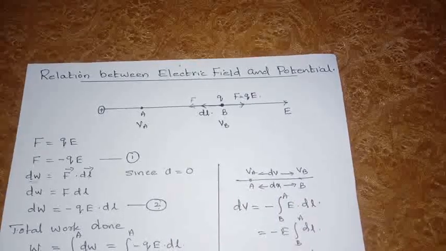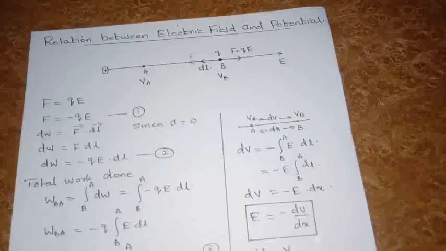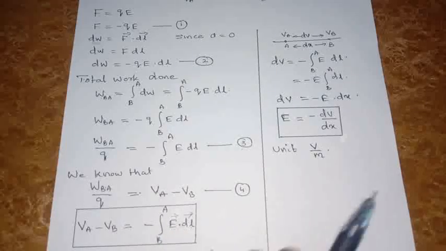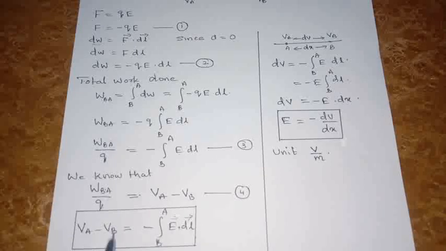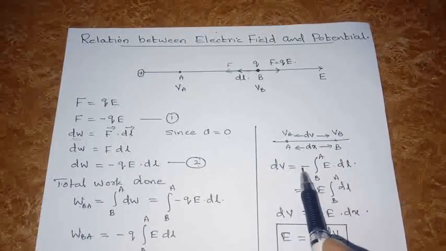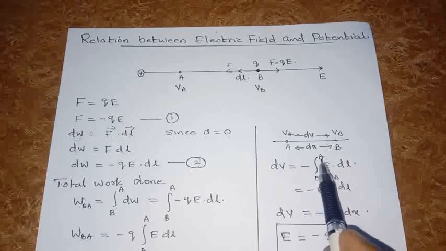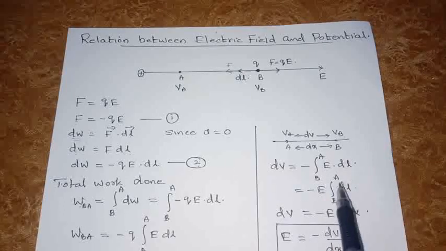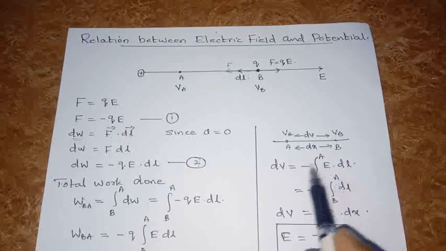When A and B are very close, this equation changes to, we already studied this equation, VA minus VB is equal to minus integral B to A E dot dl, or E dl, since theta is equal to 0. VA minus VB, the potential difference, can be written as dV, equal to minus integral B to A E dl, and E can be taken out.